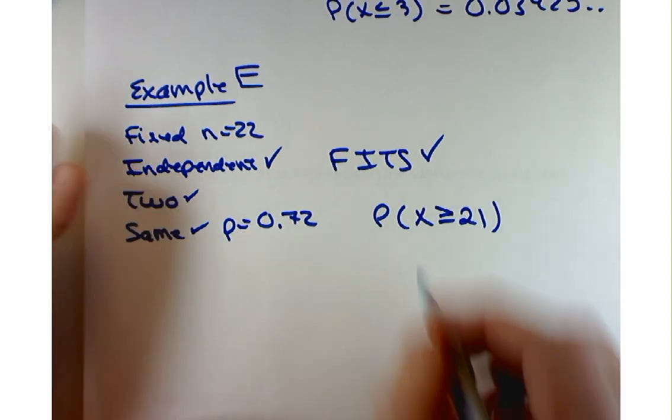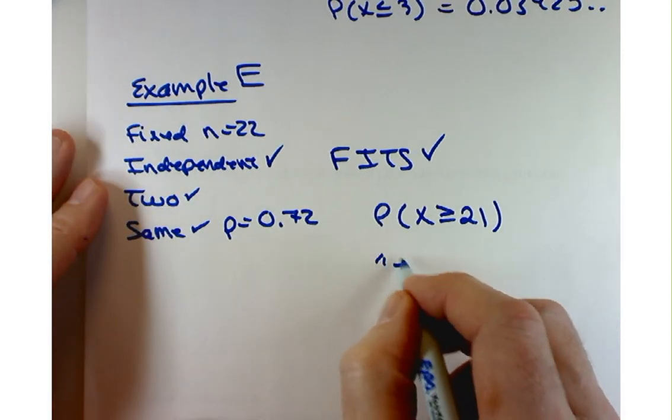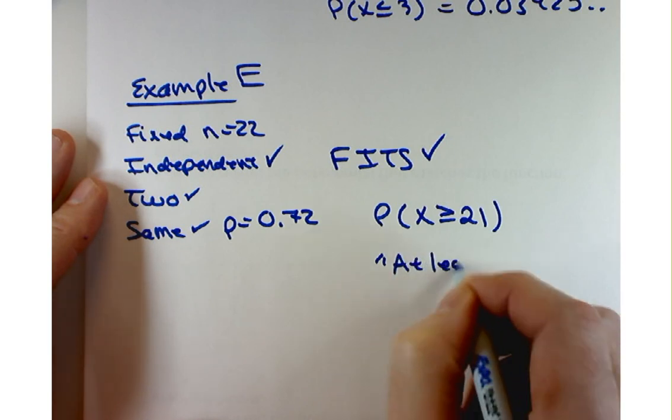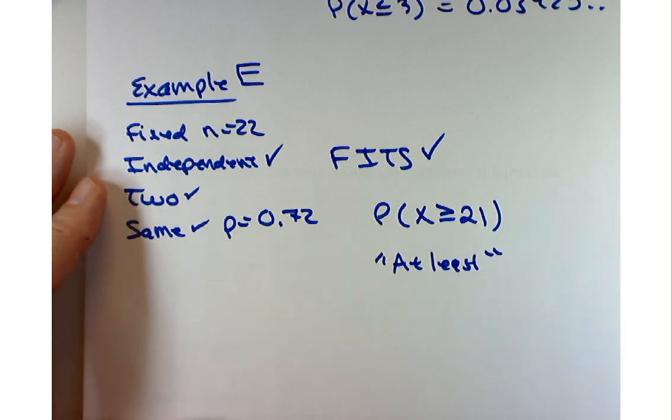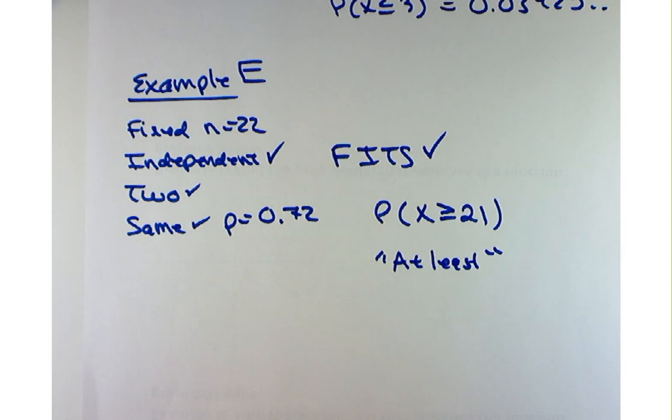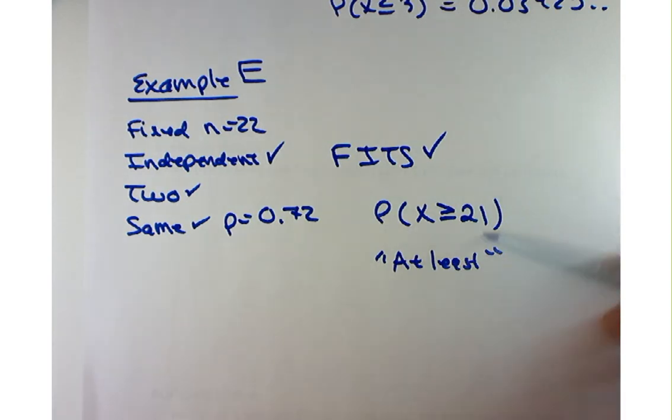At least. It's not at most. At most would have this turned the other way, that'd be less than or equal to 21. This is at least 21.